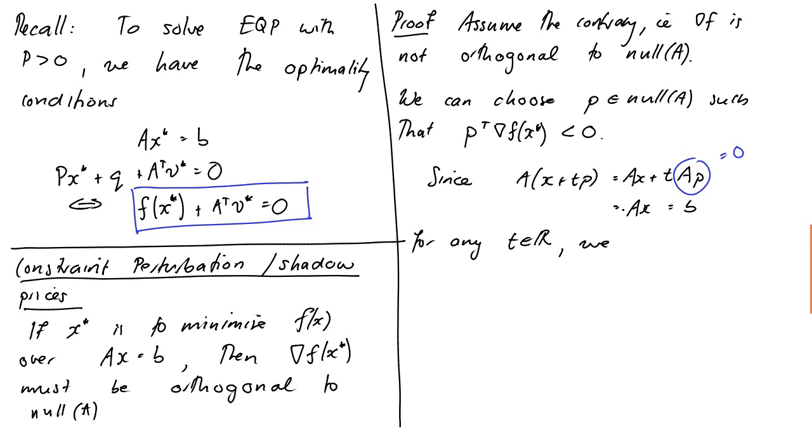That means we can move along this direction, maintaining feasibility, but with our objective dropping.